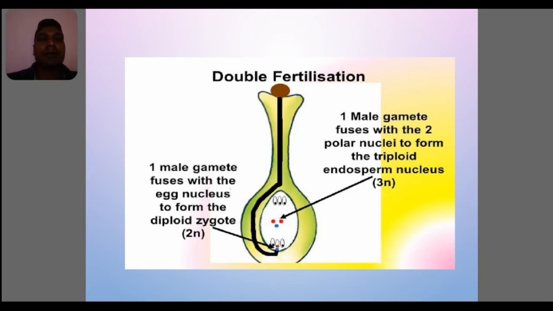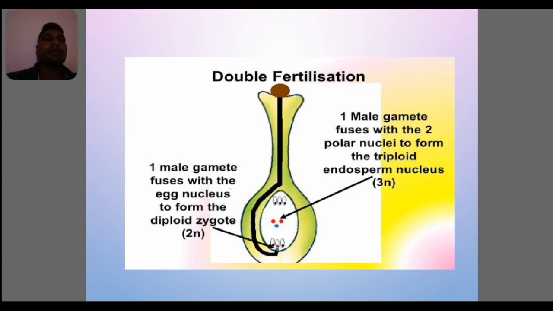The first gamete fuses with the egg nucleus, which is present at the lower portion, where there are two synergids and the centrally present ovum or egg cell. So the first gamete will fuse with the egg cell and form the zygote.